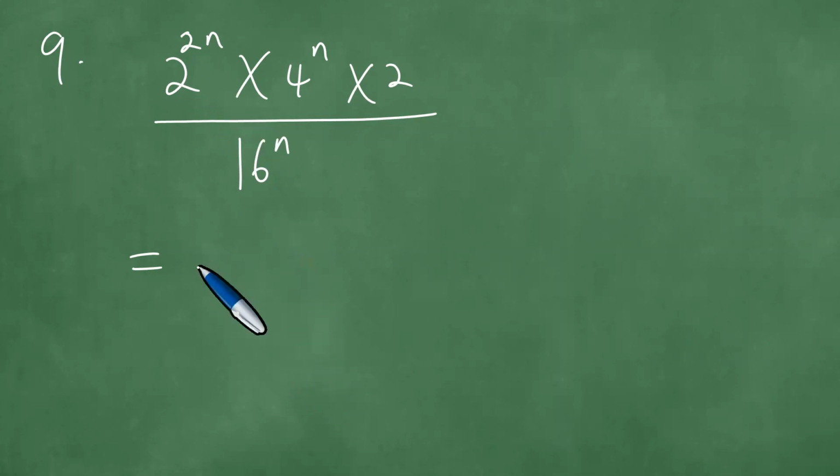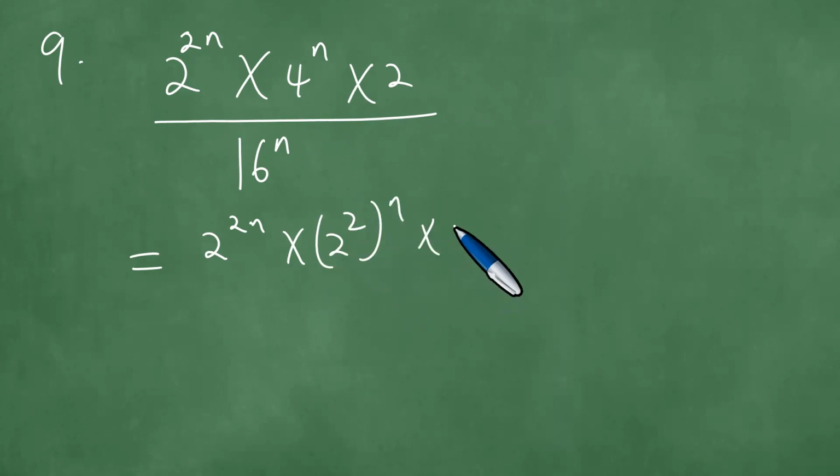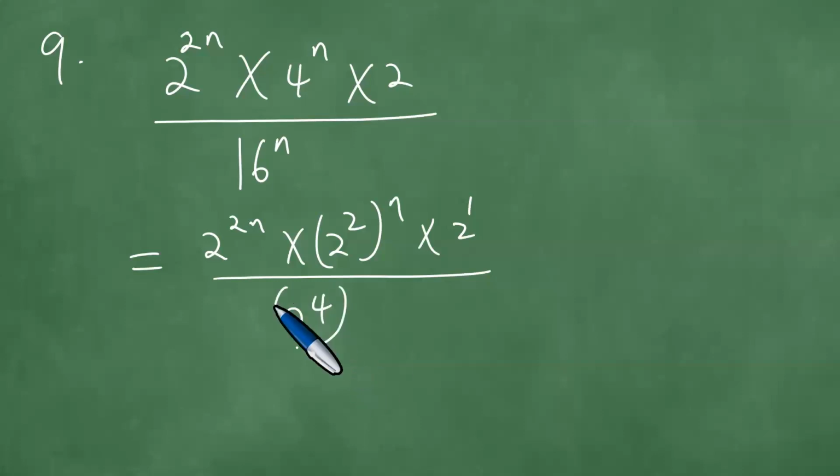Yes. Okay. Right. So dealing with exponents, you need to change every base to base 2. Make the bases the same. Every base must be changed to base 2. That is the trick. This one is 4. 4 is 2 squared. 2 is 2 to the power 1. 16 is 2 to the 4th power.